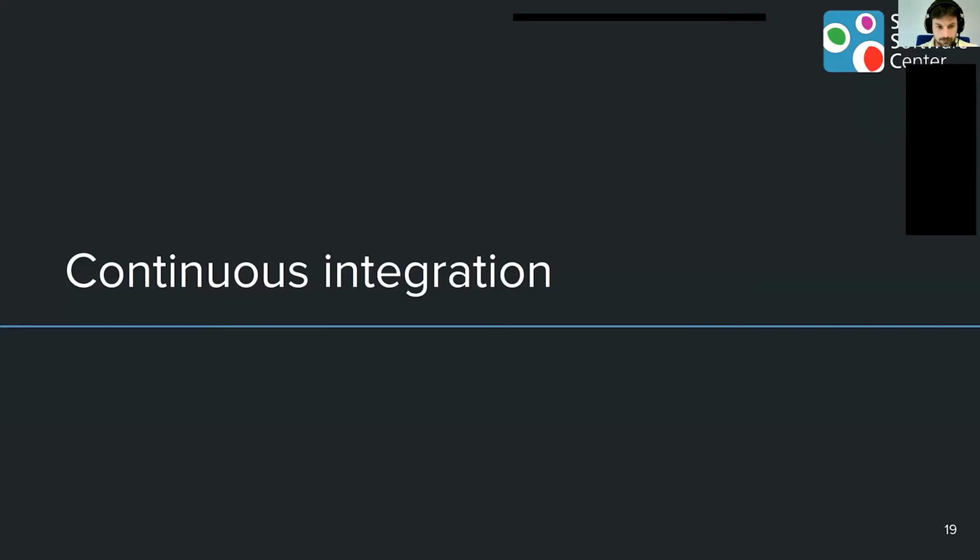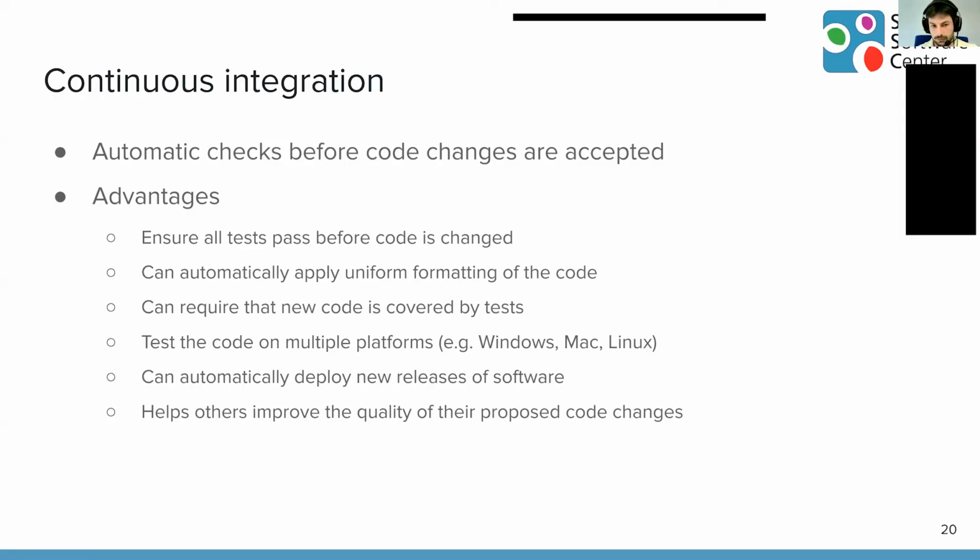So, continuous integration. This is just any kind of automatic check that occurs in between you making a change to your code and that change being accepted and merged into your code base. And so what are the advantages of doing this? One advantage is you can ensure that all your tests pass before you merge the change you're intending to make to the code.